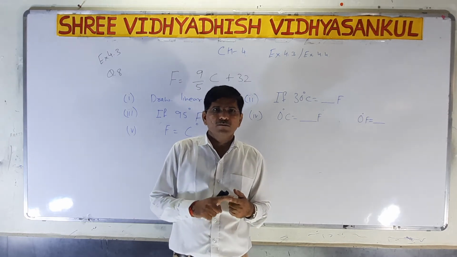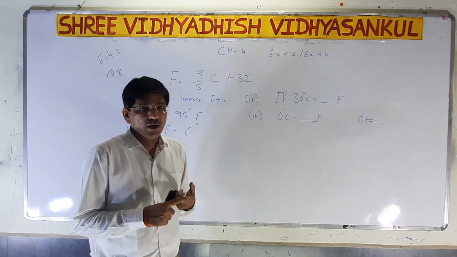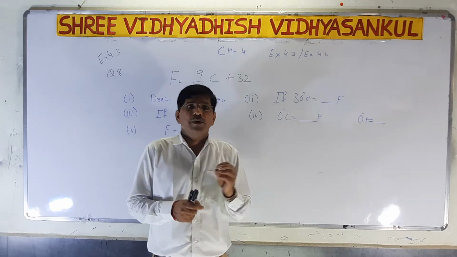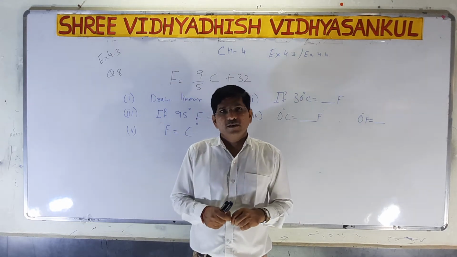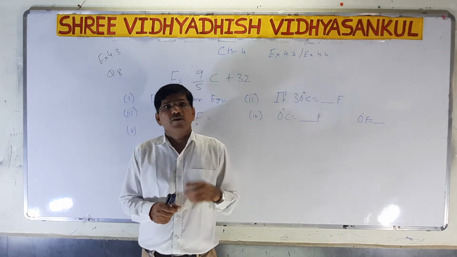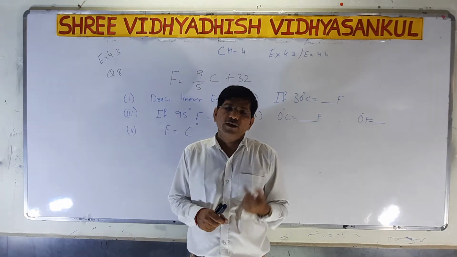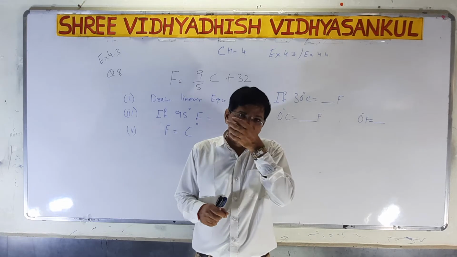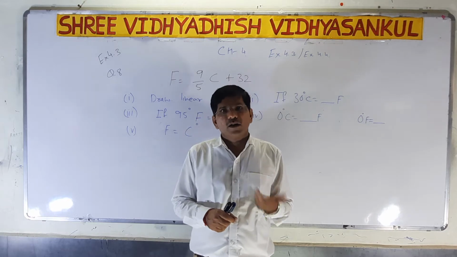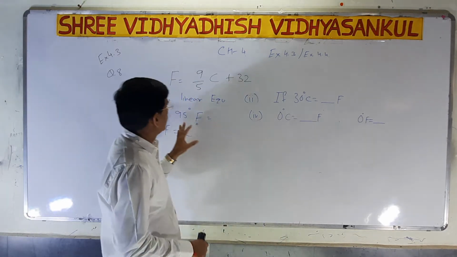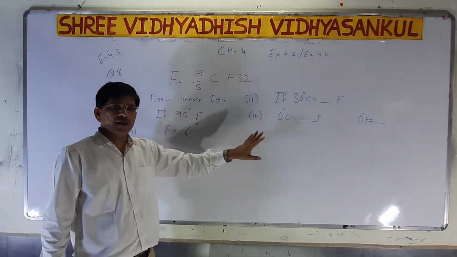In India, temperature is measured in Celsius everywhere. But if you see a thermometer for body temperature, nowadays digital thermometers are there, and we have to convert between Celsius and Fahrenheit. Doctors generally say the body temperature is 98 degrees Fahrenheit, 99, 100, 101.